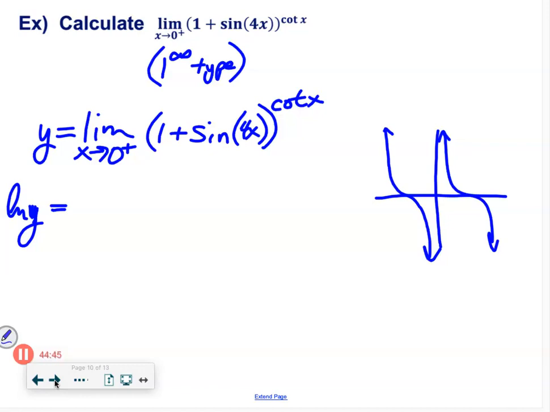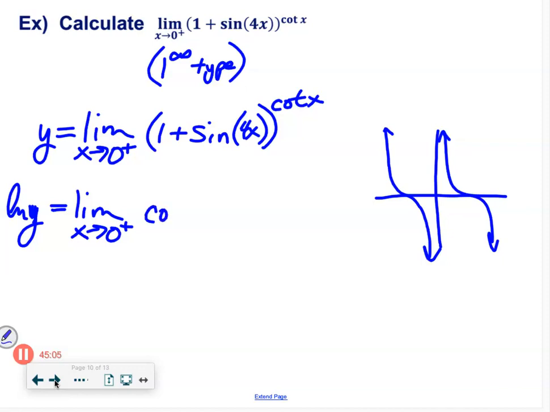The reason I'm saying that is that when you take the natural log of the right-hand side, you can keep the limit on the outside. You don't have an ln of a limit. You just keep the limit to the far left and then do all your other stuff.